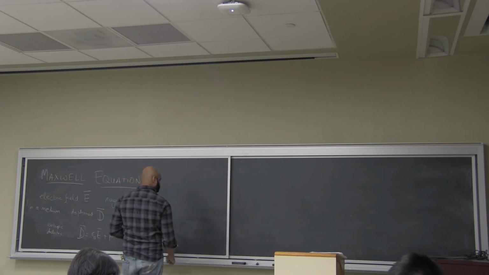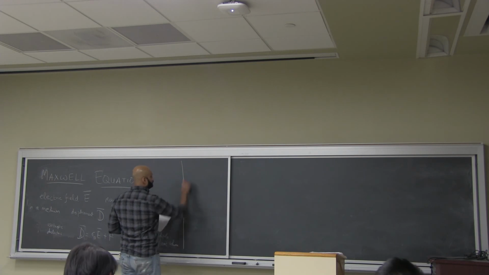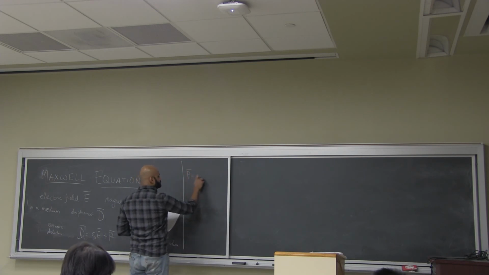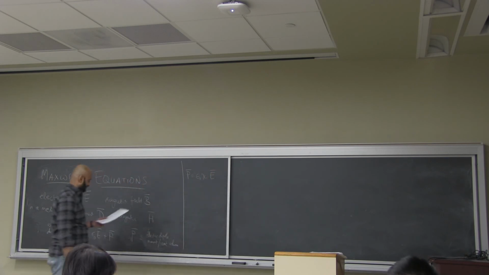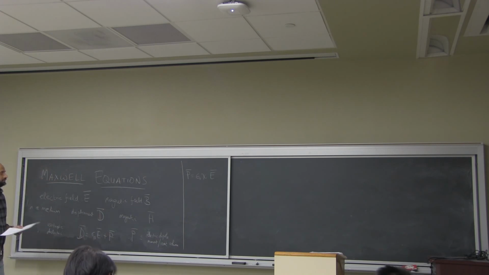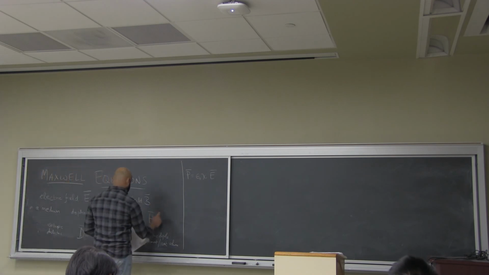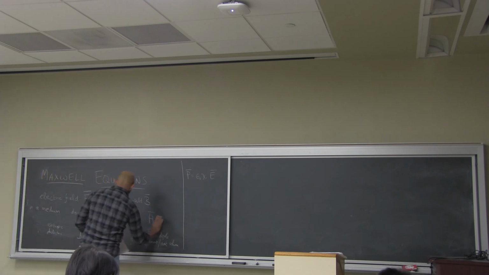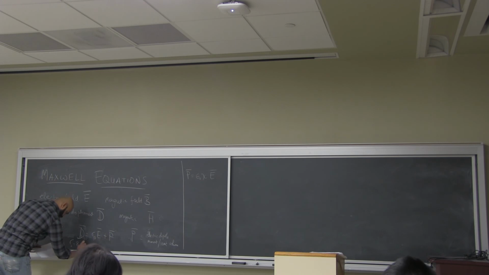And P is related to E through a quantity called the dielectric susceptibility, chi. In an isotropic medium, chi is just a scalar, so P is epsilon naught chi E, where epsilon naught is the permittivity of vacuum.